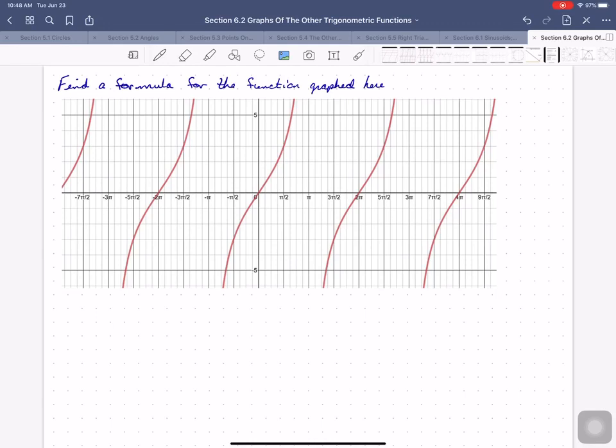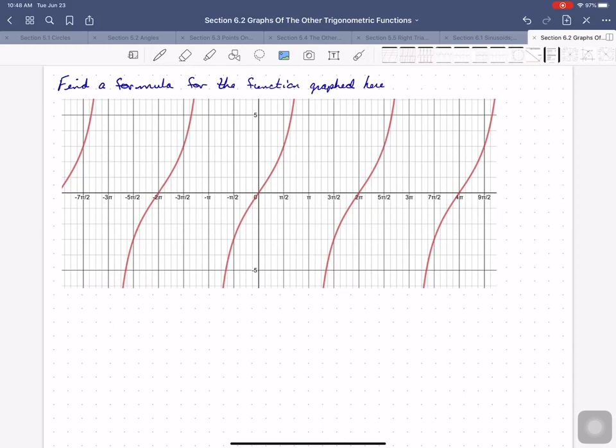So we're going to stick with tangent right now. What we're going to do is write the formula for the function that is graphed. And you know it's tangent in part because tangent is the only graph we know right now, but also because it matches that elongated S shape that we saw is characteristic of tangent.